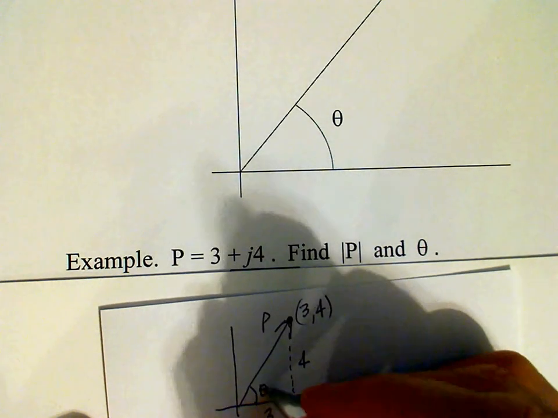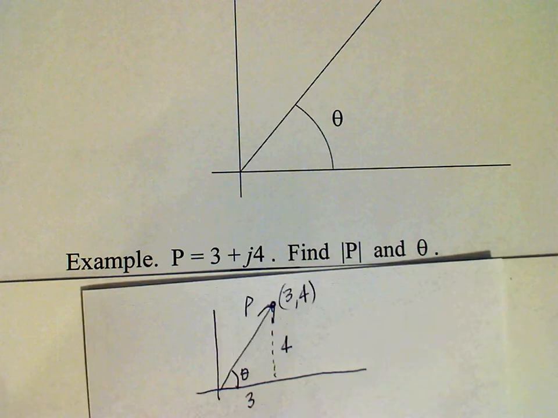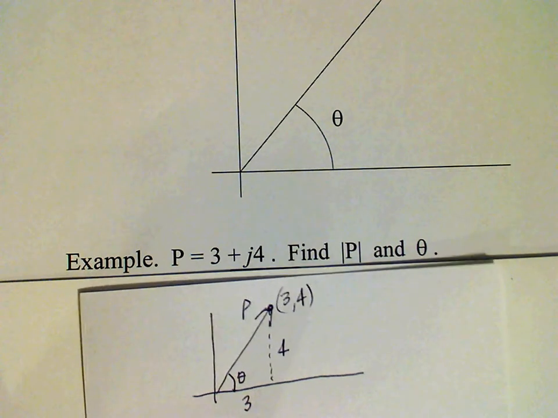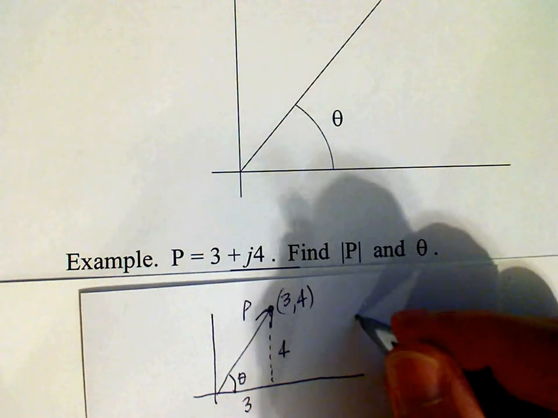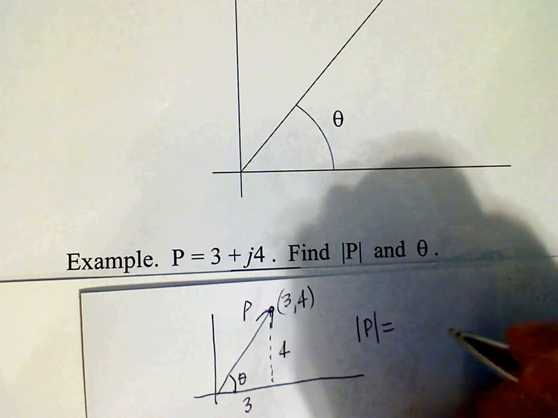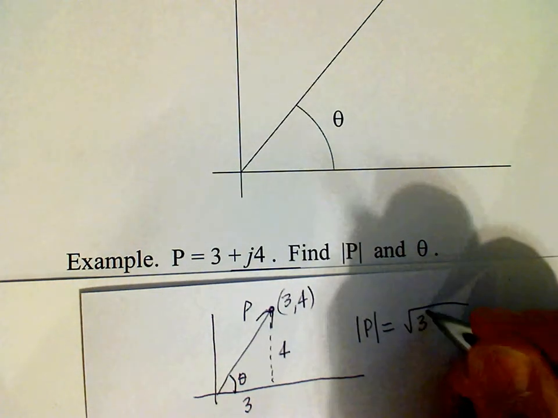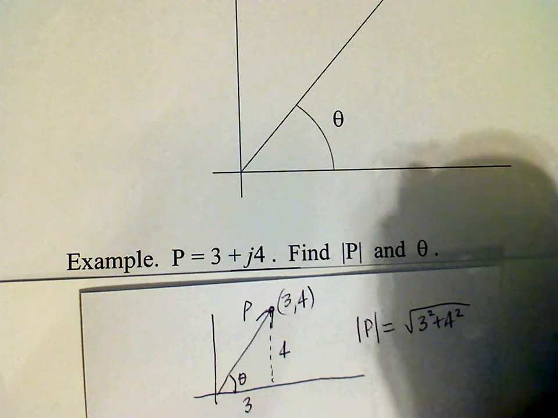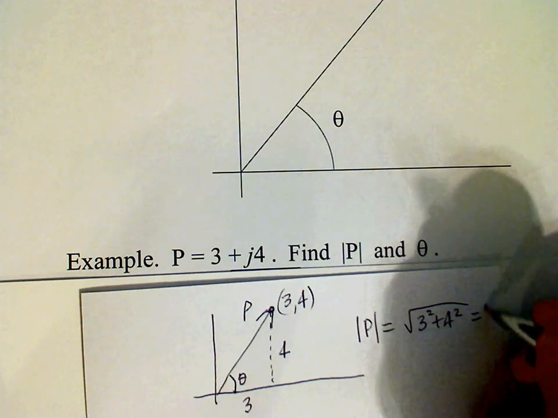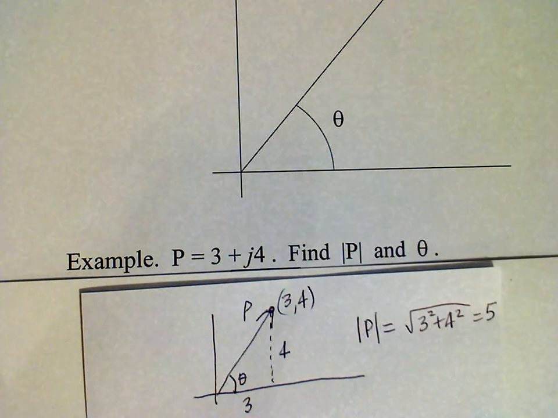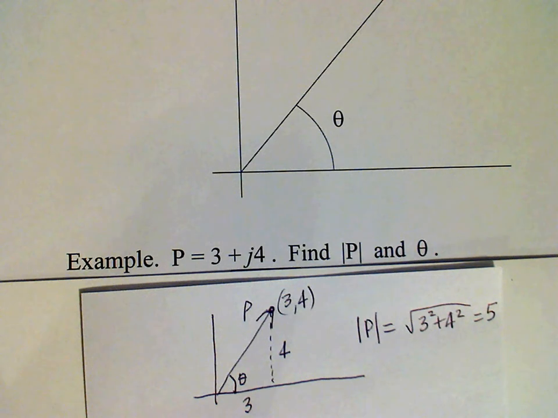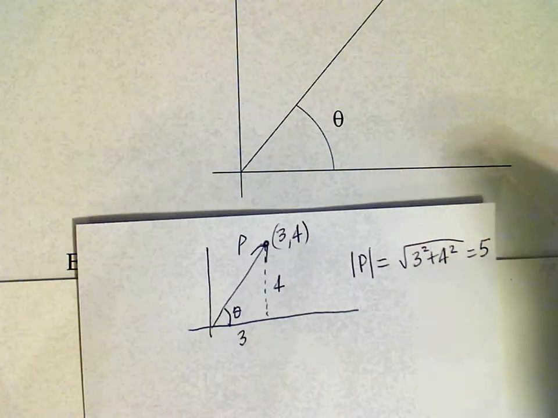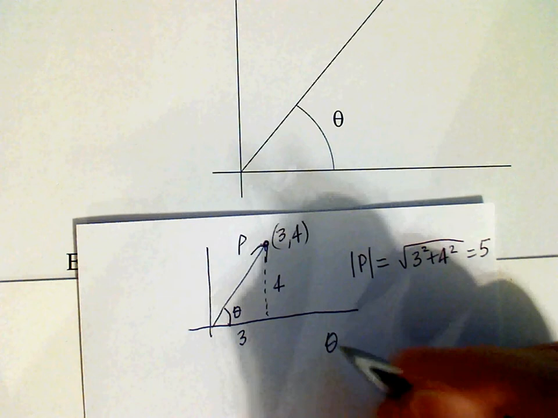So that means that we have a right triangle here with legs 4 and 3, and therefore the magnitude of P is the square root of 3 squared plus 4 squared, and we know that is 5, right? So that means the magnitude of P is 5, and then it's just a matter of finding theta.